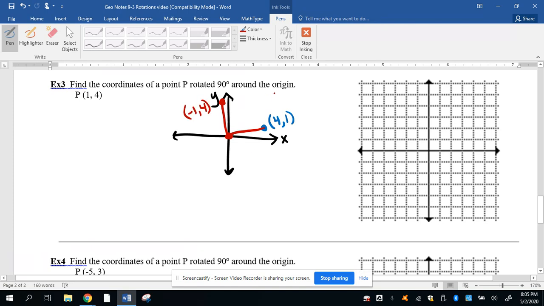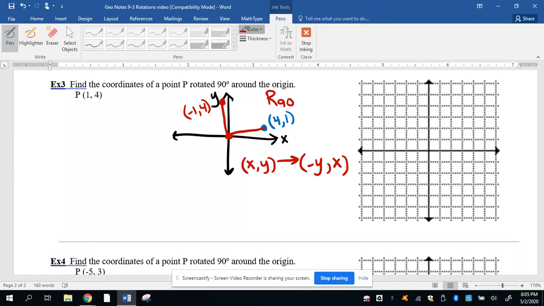So our rotation of 90 degrees with respect to the origin, the mapping notation is x, y gets mapped to the opposite of y, comma x. Now, you can say, what am I doing with that?